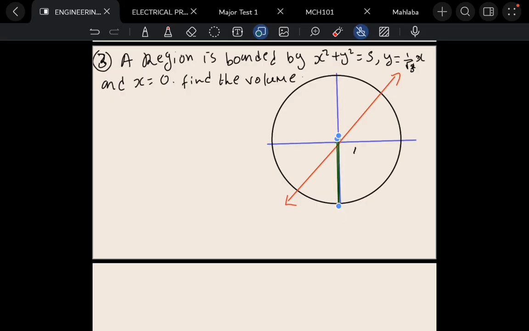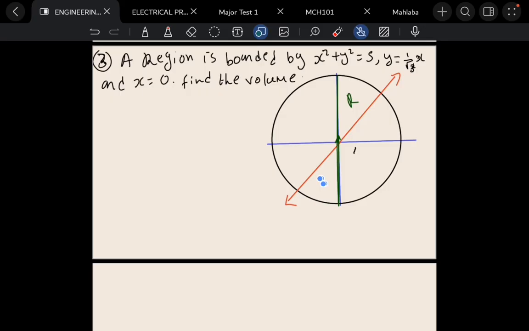So when you see this, we actually have two regions which are bounded. Actually everything here is bounded, but the one which is bounded by the most is this one and that one.